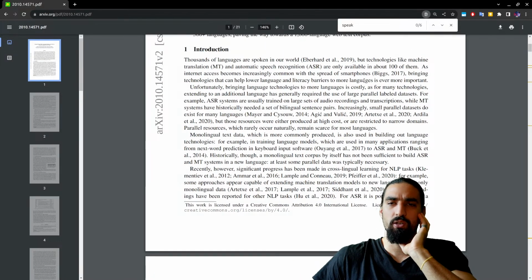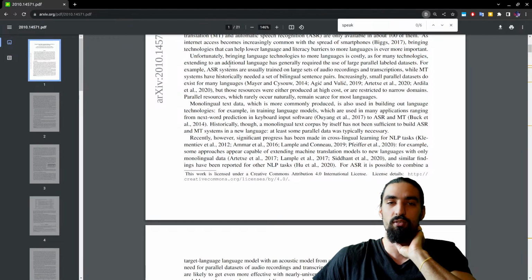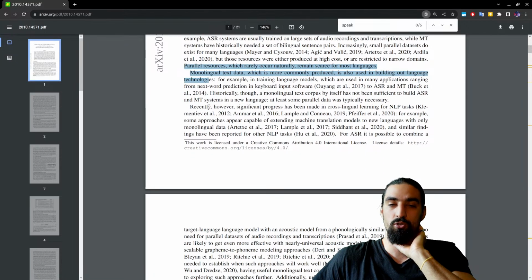Thousands of languages are spoken in the world, but technologies like MT are available only in around 100 of them. Okay, this is like NLLB stuff. Parallel labeled datasets. Large sets of audio recordings and transcriptions, while MT systems have historically needed a set of bilingual sentence pairs. Parallel resources remain scarce.